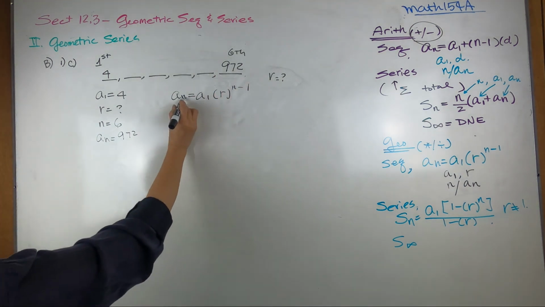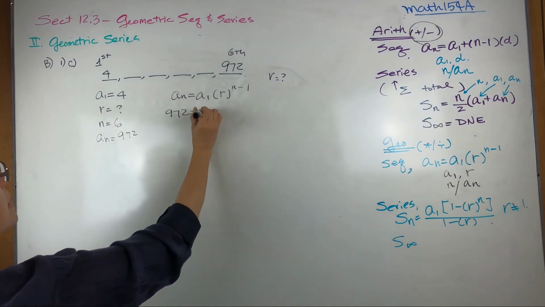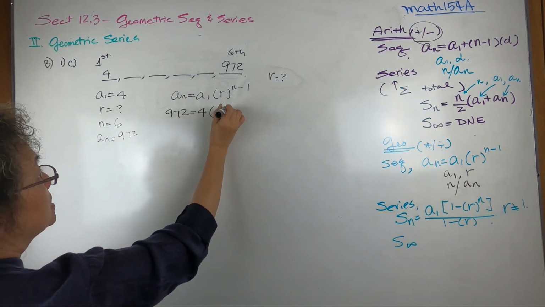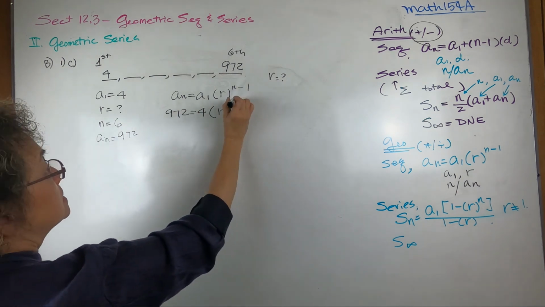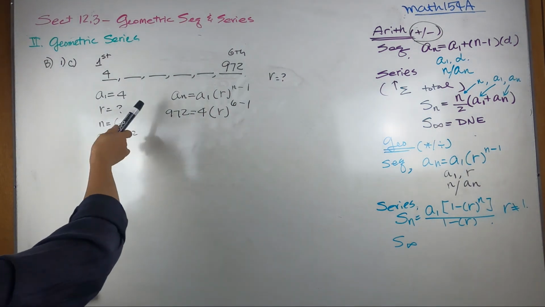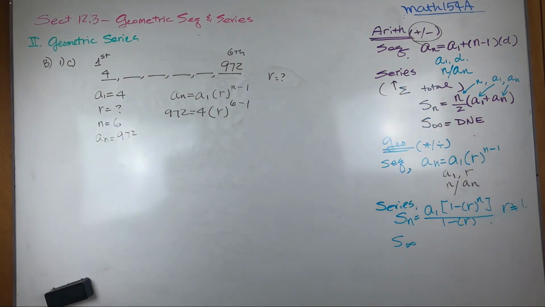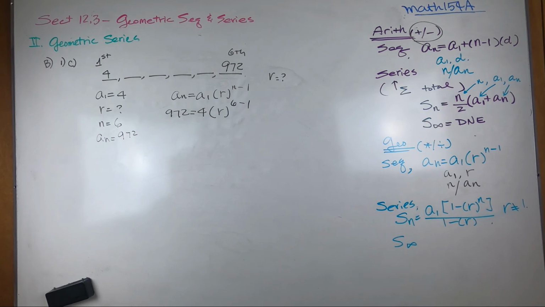You plug in: An is 972, A1 is 4, R we don't know, n is 6 minus 1. Now you start to get things mingled. So many A1, A2, R, n, An things. So many symbols, but you need to match which is which and what they mean.